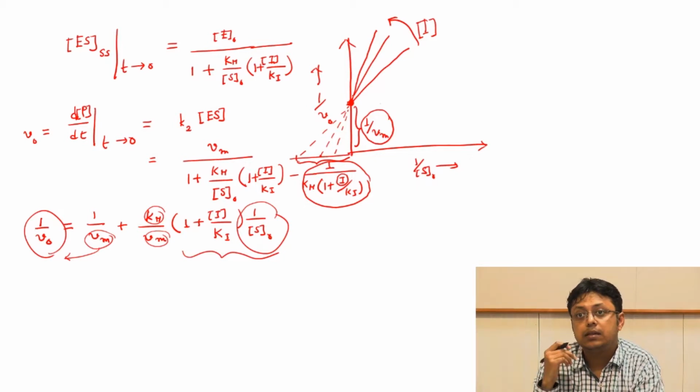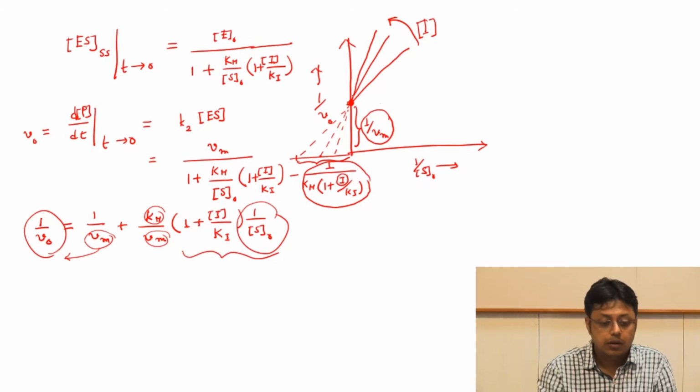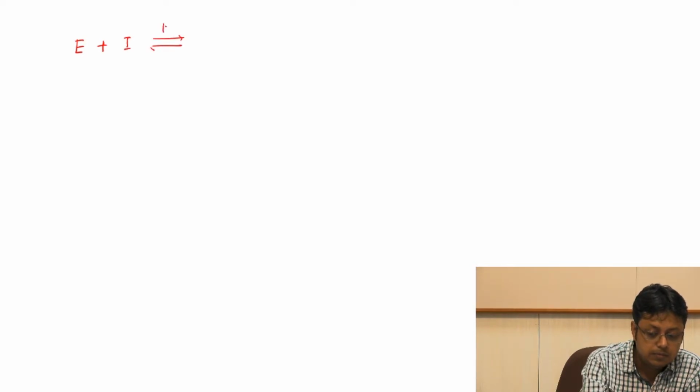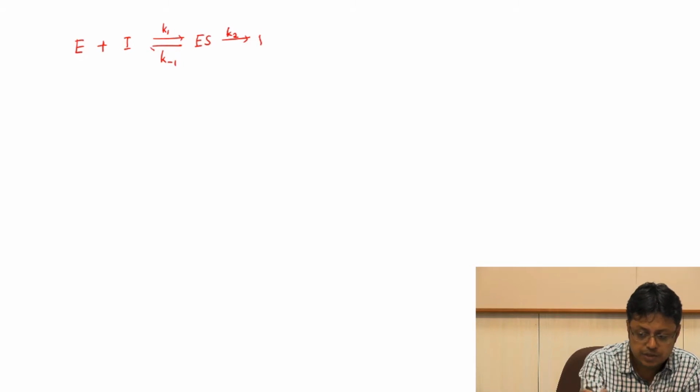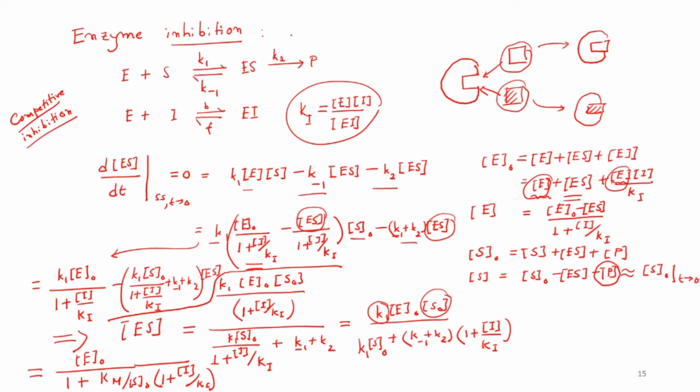Now there could be another situation which we call non-competitive inhibition, and there another interesting thing happens. You have enzyme plus substrate that, as before, have an equilibrium to form the enzyme substrate complex that forms the product plus the enzyme back. So here also just remember the enzyme will be back.